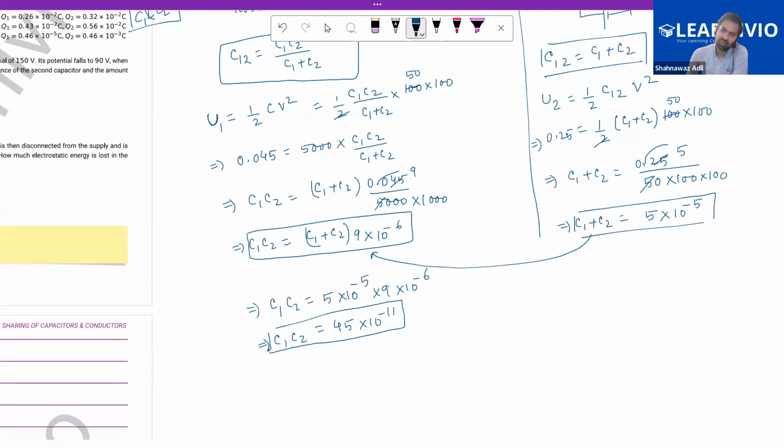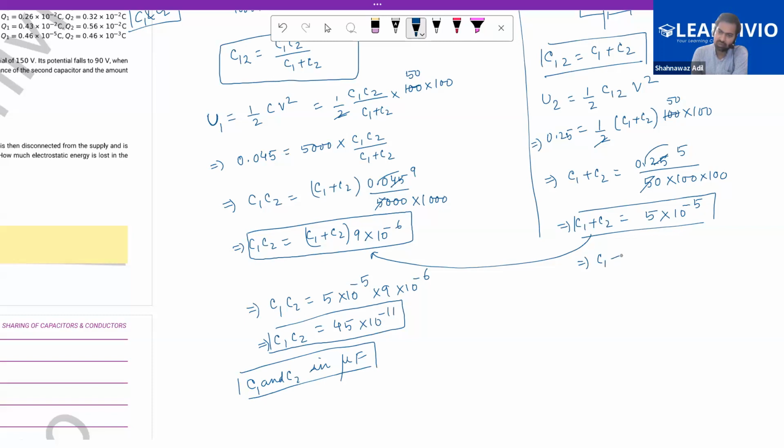Now, how can we solve this problem? Because these are very large numbers, we will assume that we are calculating C1 and C2 in microfarad. So if C1 and C2 are in microfarad, we can write this as 10 to the power minus 6, and this would be 50.